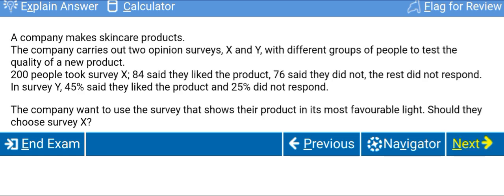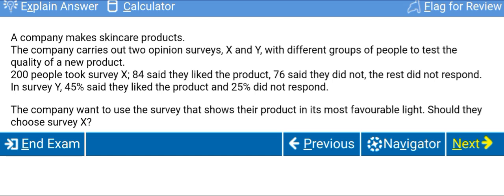Next question we have, a company makes skincare products. The company carries out two opinion surveys, X and Y, with different groups of people to test the quality of a new product. 200 people took survey X. 84 said they liked the product. 76 said they did not.